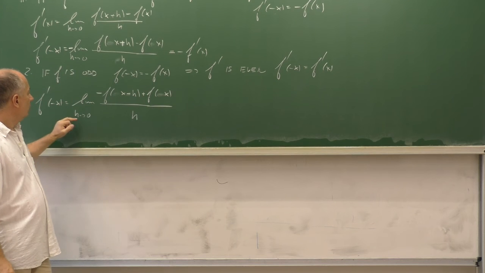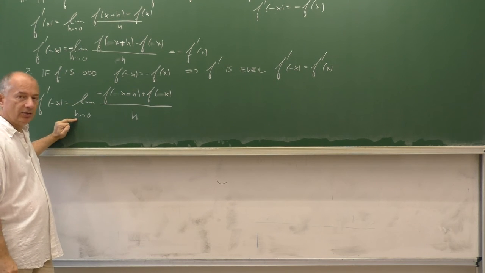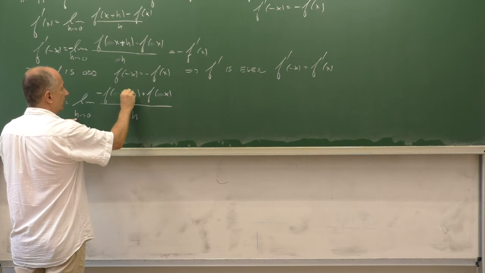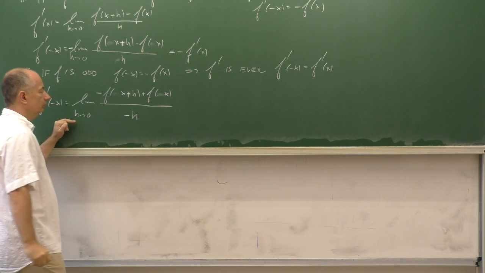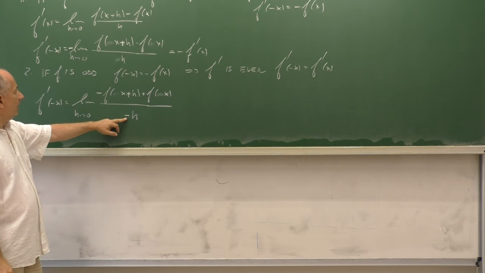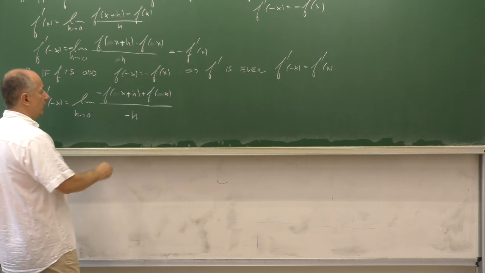And again, we can take minus h instead of h. So we change the sign of h here and here. And then we can cancel minus 1.